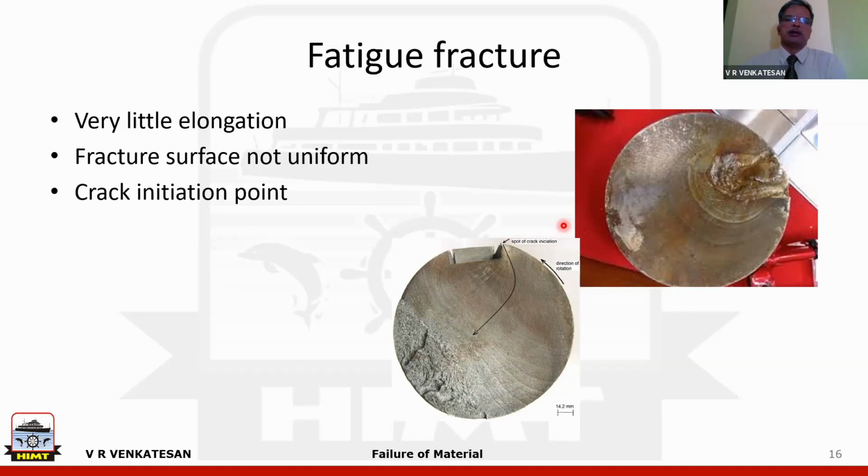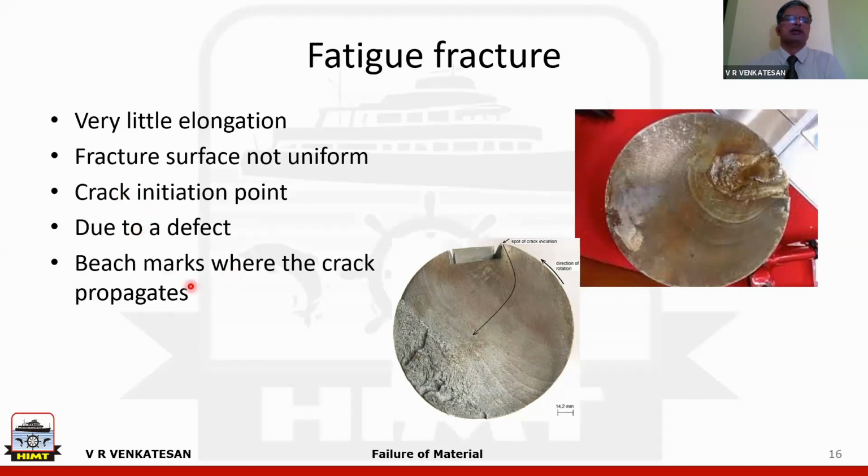So in this example, you can see this is the keyway, and from the top of this keyway, the crack is started here, and in this case, it is started from somewhere here. And so the failure starts from there, and then it progresses.